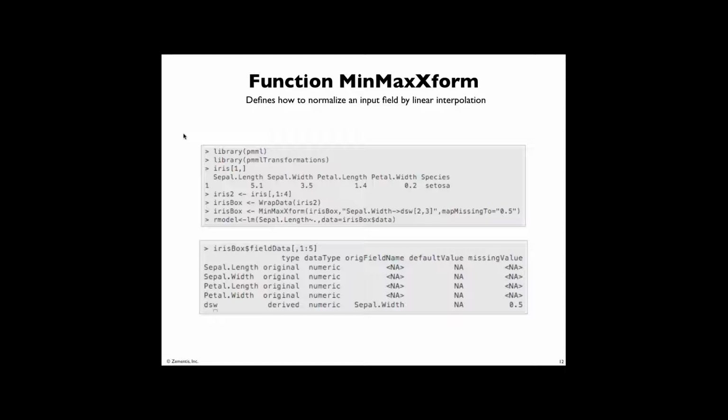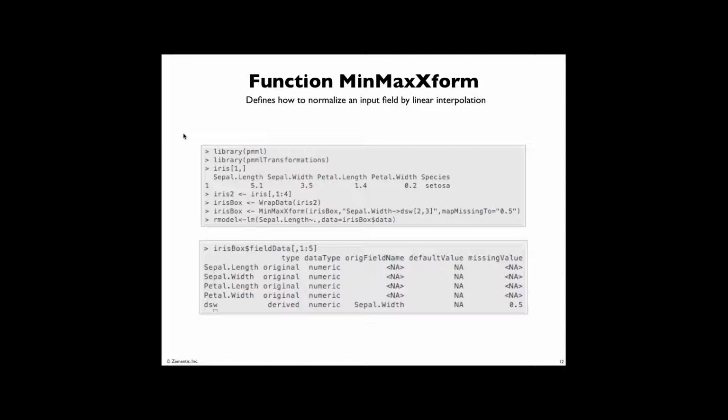Iris box is the transformation object. To get the data, it is stored as the data attribute of the object. So to make any model, in this case the linear regression model, the data has to be given in this format, the transformation object iris box $data, because that's the data. And the data attribute holds the data.